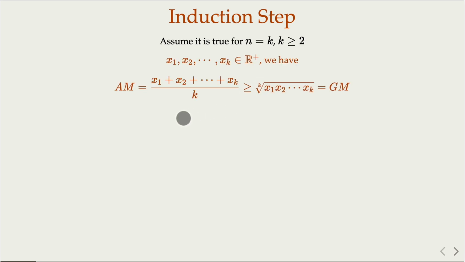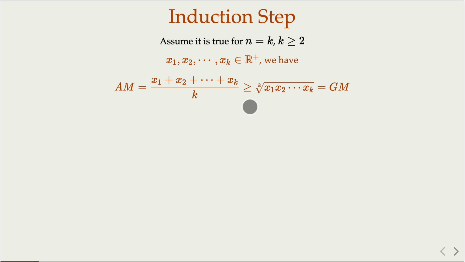Now for the induction step, assume it is true for n equal to k, and we would like to prove that it is also true for n equal to k plus 1. For n equal to k, for some k greater than or equal to 2, what it means is that we assume this is true, AM greater than or equal to GM.